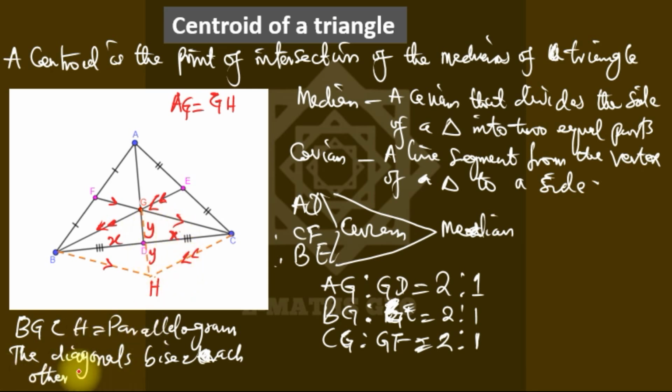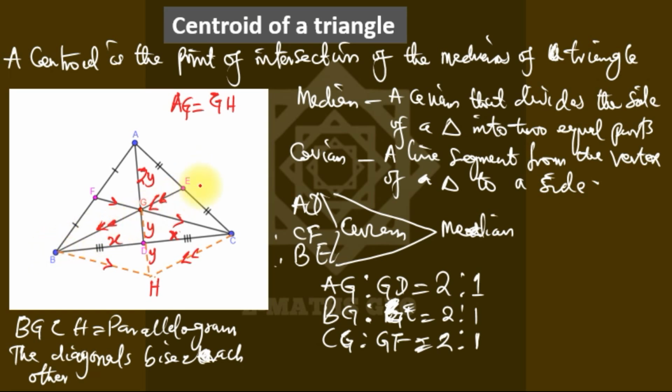That's one of the properties of a parallelogram. And since they are equal, therefore, we've proved that the ratio of AG to GD is 2:1.